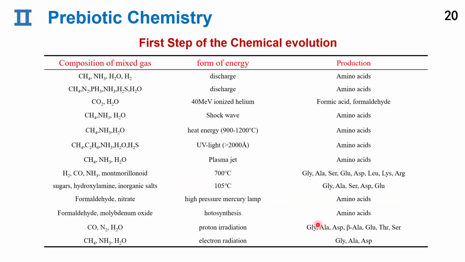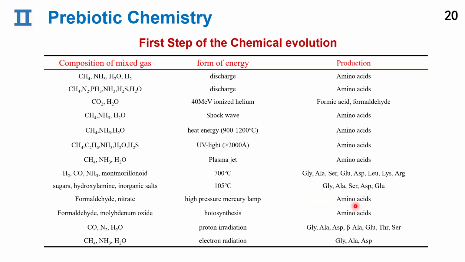Now that we have introduced the concept of prebiotic chemistry, the chemical evolution from simple inorganic molecules to building blocks of life, let's take a closer look at the first step of this process.